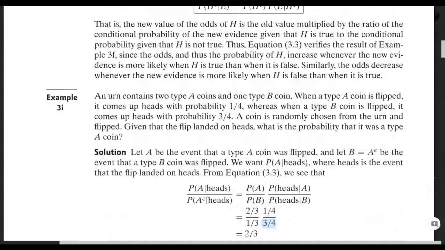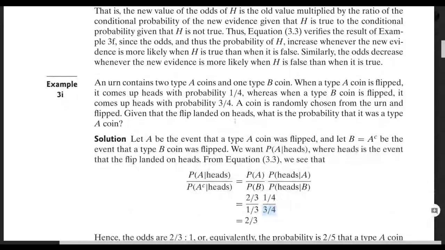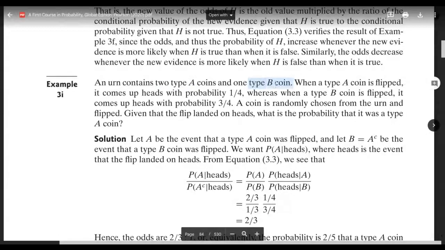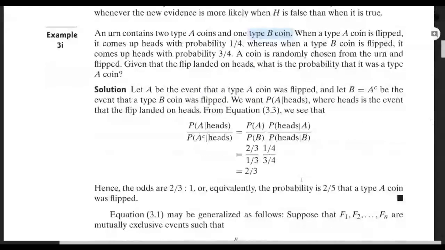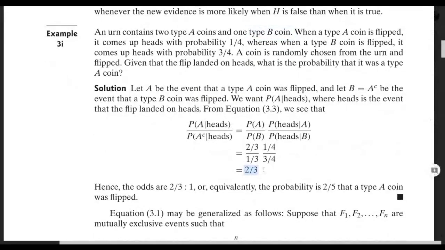How many coins do we have? Two type A coins and one type B coin, right? So 3 coins. So the probability of A is 2/3, and the probability of B is 1/3. Then we do the calculation, and we get 2/3.